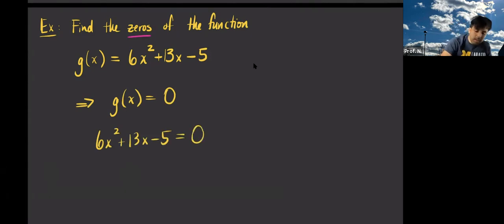And then I do the same thing again, right? The 6 and the negative 5, when you multiply them, give me negative 30. What two numbers multiply to negative 30 but when you add them give me positive 13?